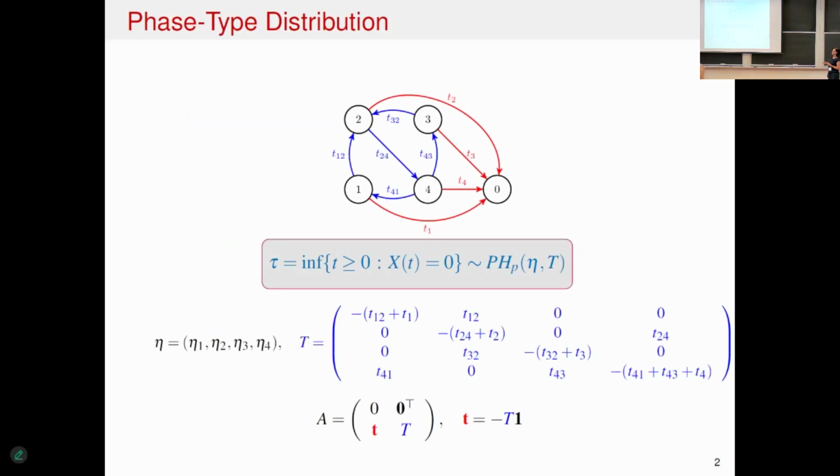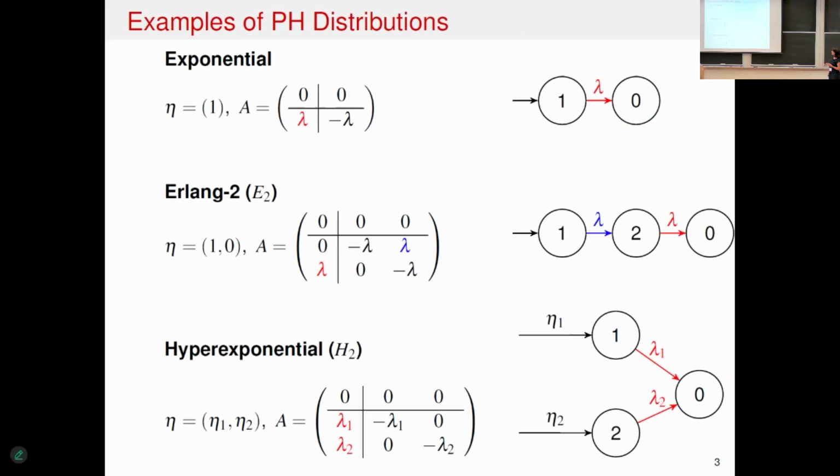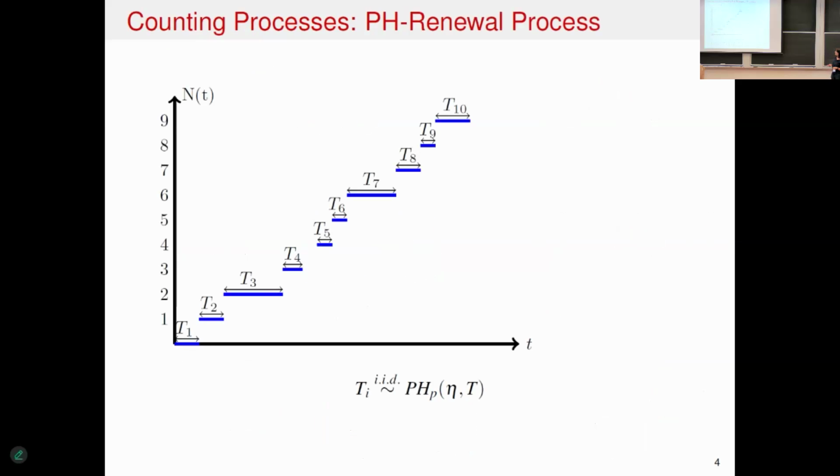And whenever I have transitions accompanied with an arrival later on, or going to the absorption, I show them with red. So that's the reason for the colors. Here I consider the blue ones, and the reason is that what happens during the interarrival time is that we have transitions only between phases, and whenever the process goes to the absorption state, we have a new arrival.